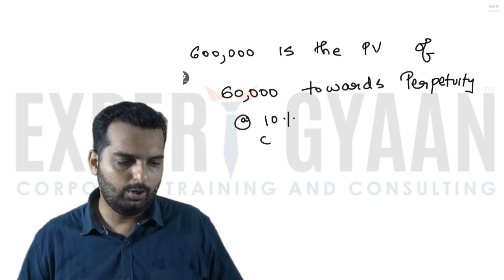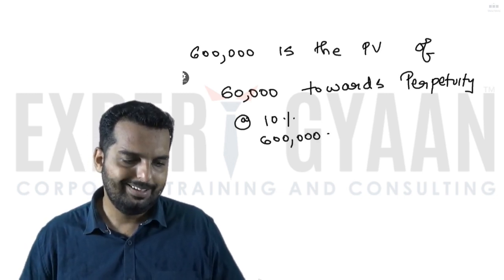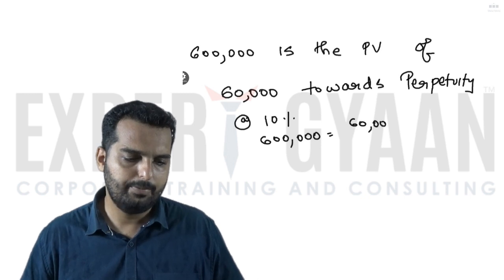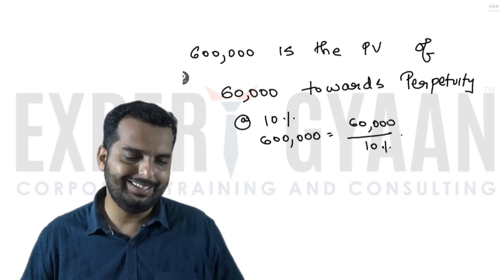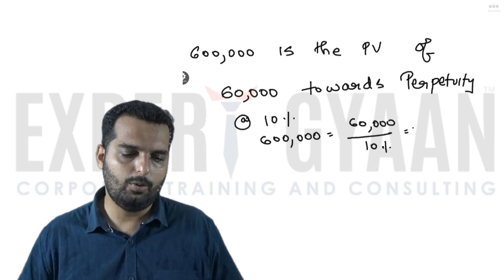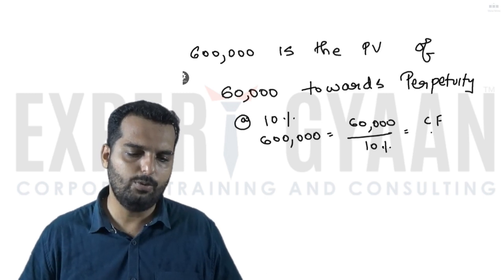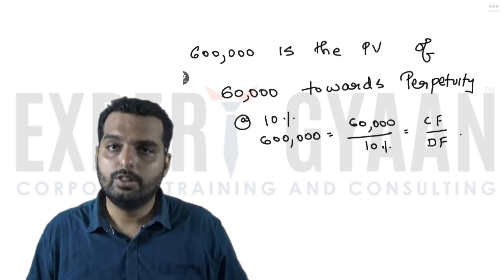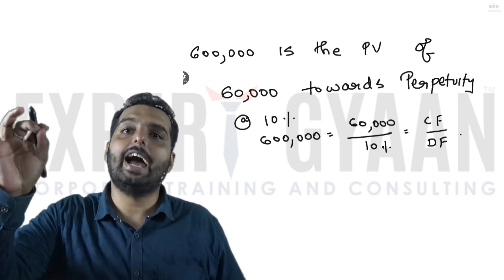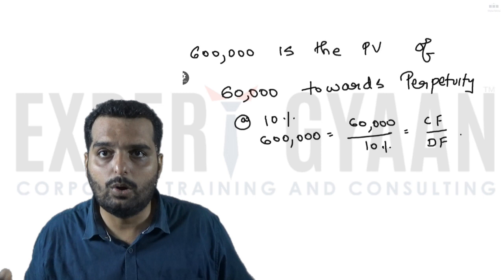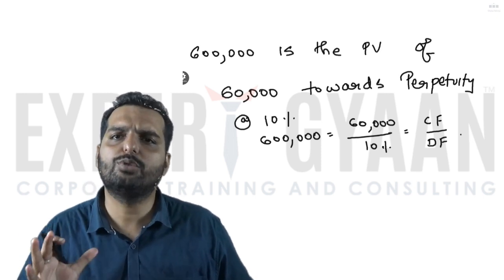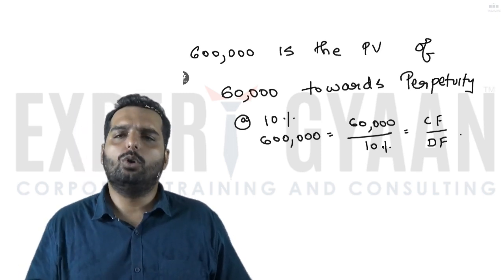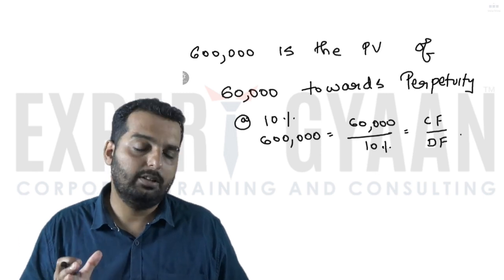So ideally what I did there was 6 lakhs is equal to 60,000 divided by 10%. The formula was cash flow divided by discount factor at the rate of 10%. I hope everybody is clear with concept number 1.